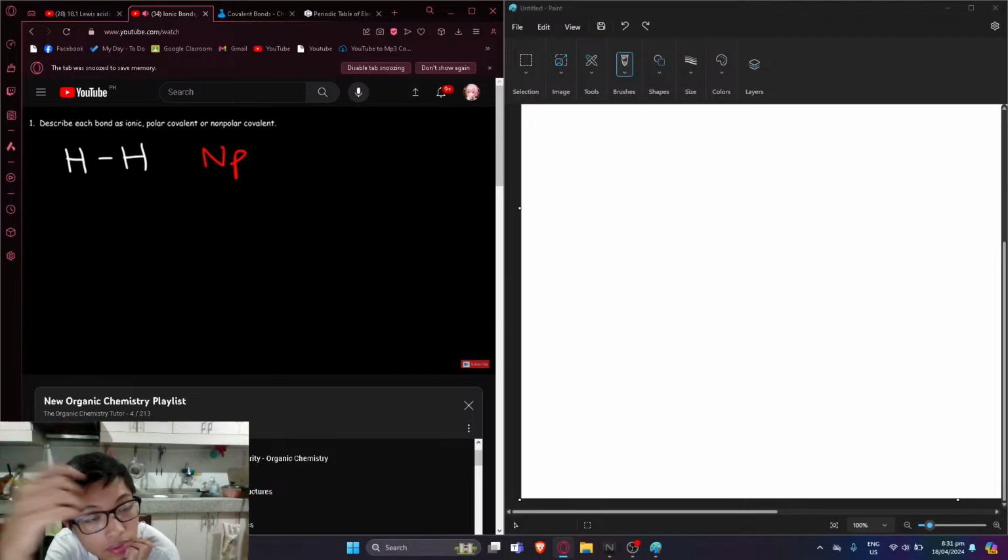The electrons in this bond are shared equally because we have the same type of atom, so they have the same electronegativity and pull on those electrons with equal force. So because the electrons are shared equally, it's going to be a non-polar covalent bond.